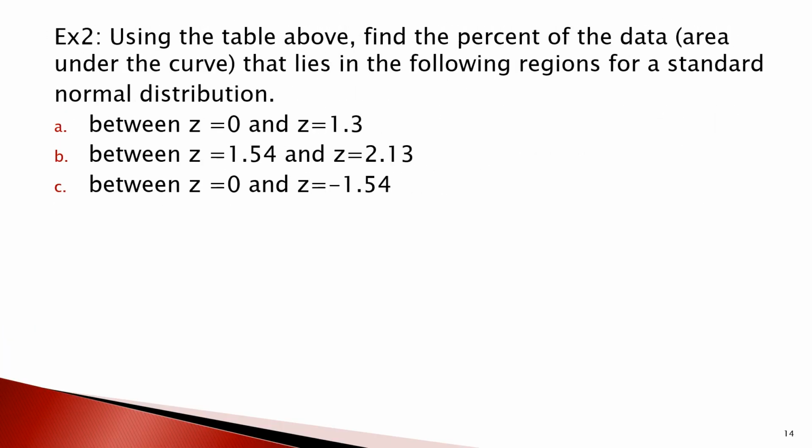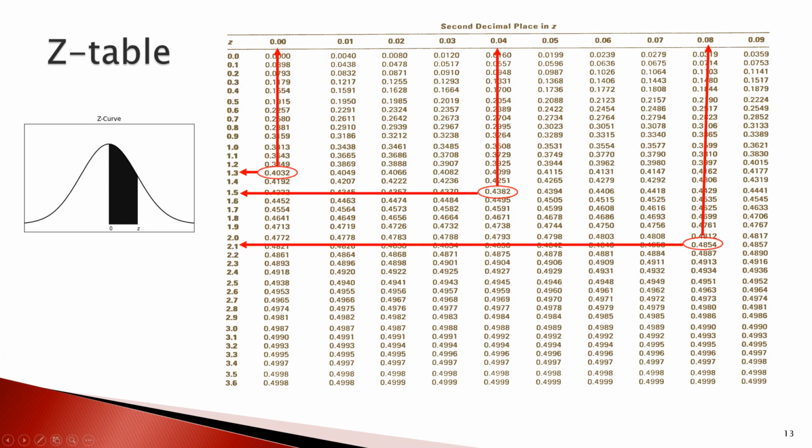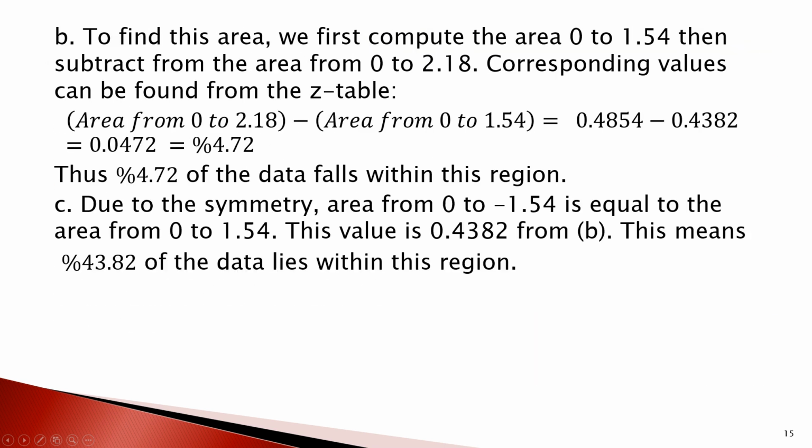We always keep in mind, guys, one more time, that we measure the z-score from 0. This left area that we exclude is 0.5.